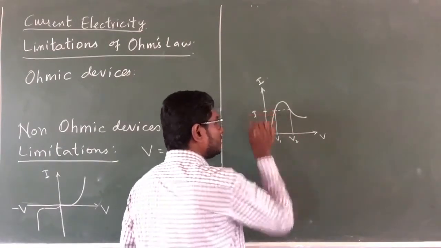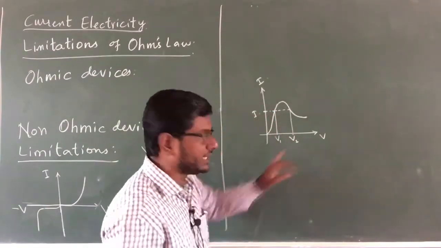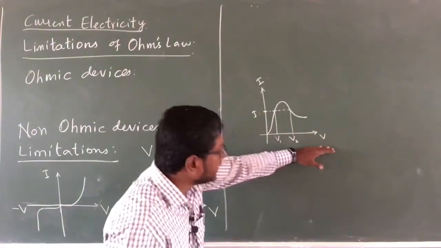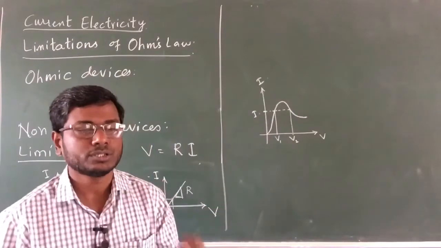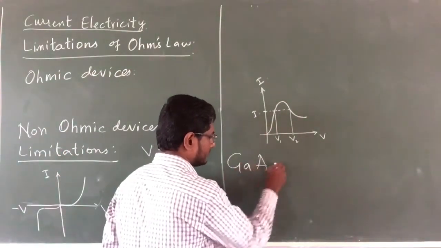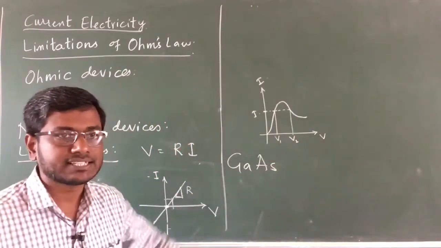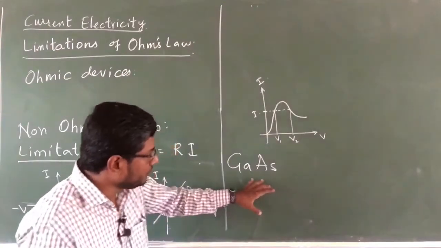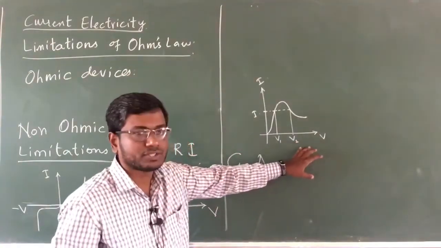There is a single value of I, but two different values of V. That means the relationship between V and I is not unique, and this kind of thing happens in a compound semiconductor, gallium arsenide. It gives a characteristic curve which looks like this.